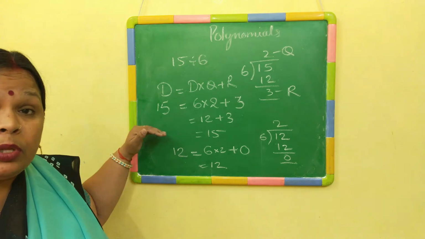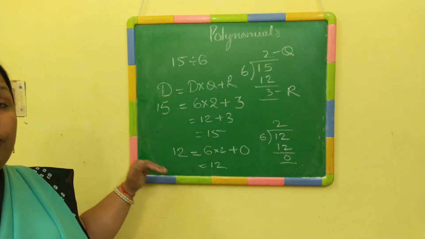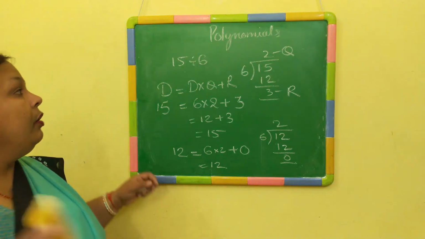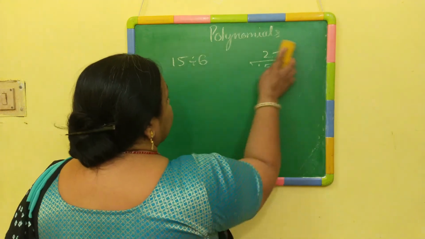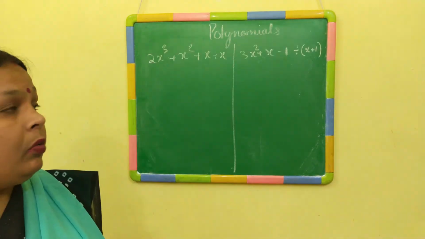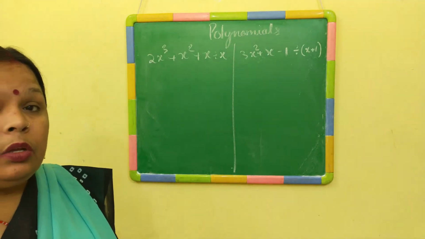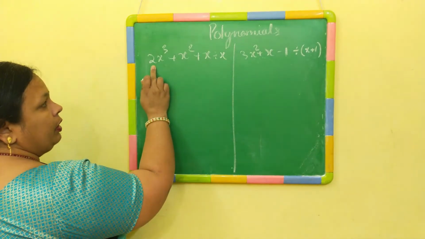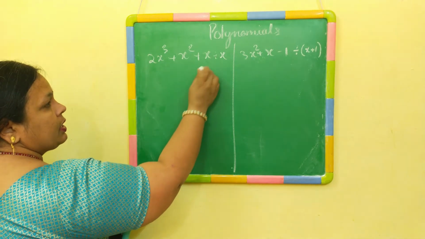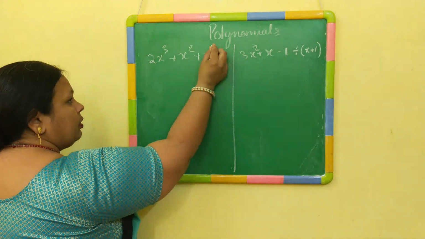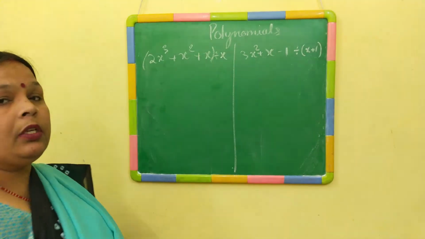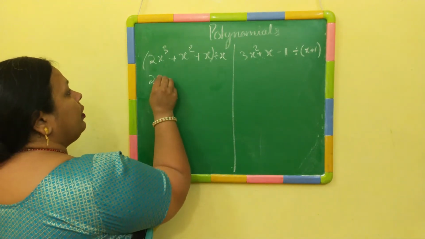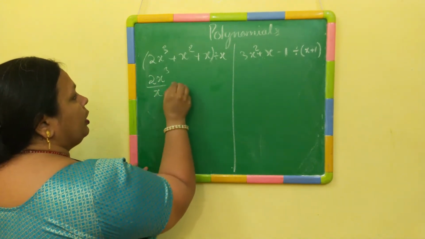So the same concept is applied to the polynomial. Now we will take two examples. If a polynomial, 2x cube plus x square plus x, the entire thing is divisible by x. So if it is a single term, what we will do is divide each term by x.